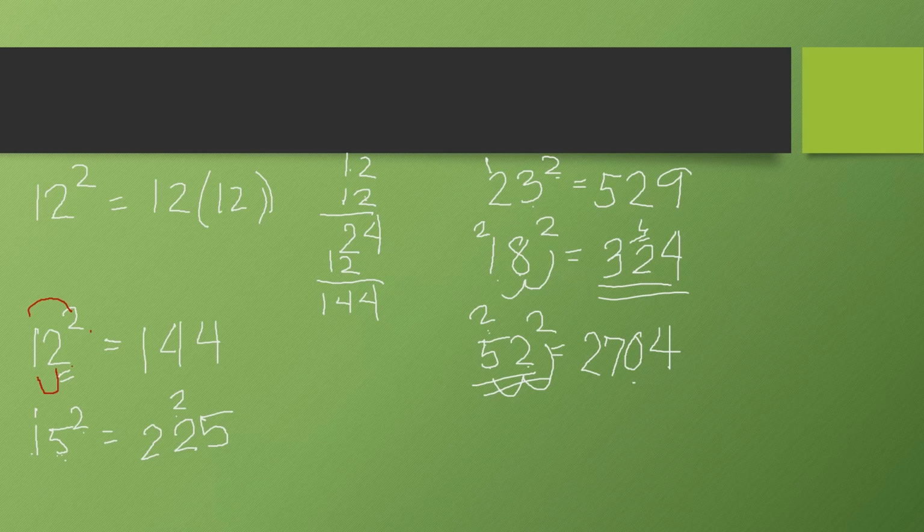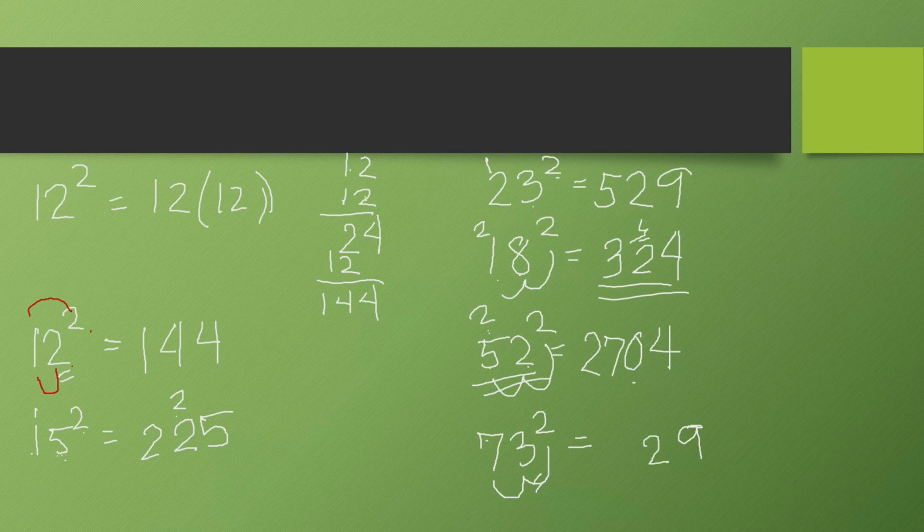Okay, another, sabihin natin ay 73. Square of 73. Square yung first number, that is 9. Multiply nyo lang yung 7 times 3, 21, times 2, 21 times 2 is 42.